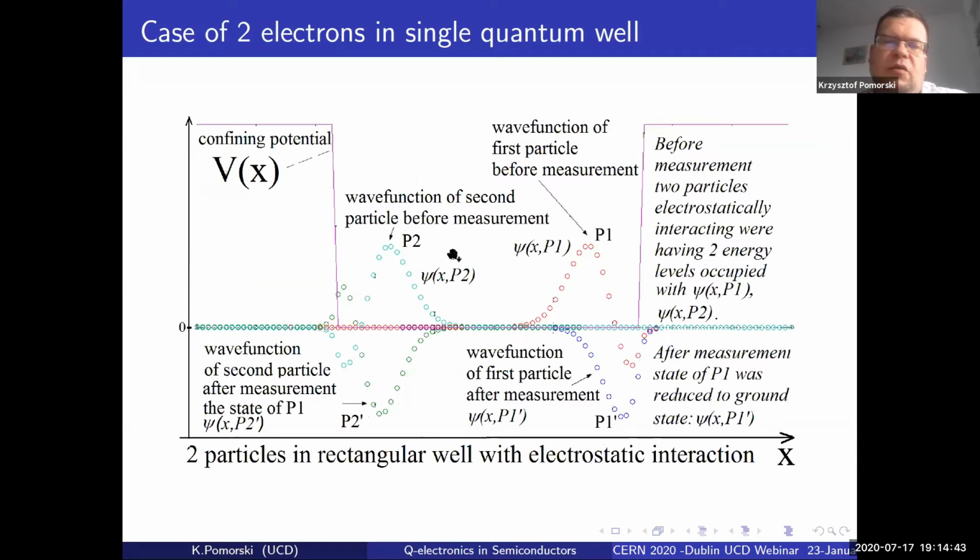Okay, so basically we can also inject two electrons into this nanostructure, and then we can make a measurement on one of the particles. We can place an external moving charge in such a way that it will affect one of the particles more than the other, and then there will be a weak measurement done on the state of this position-based qubit.